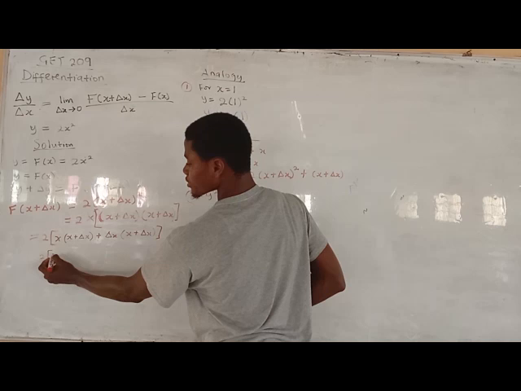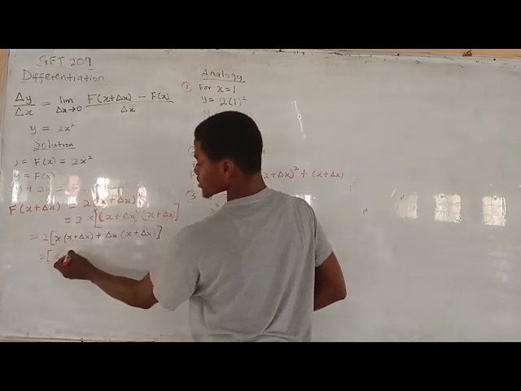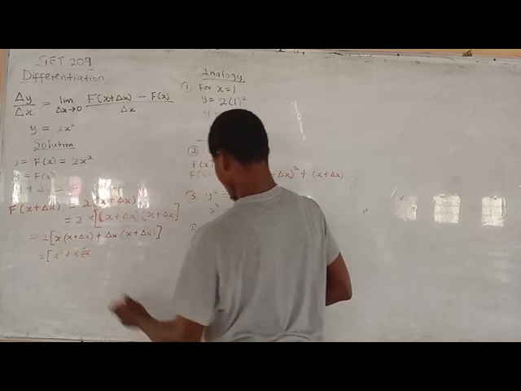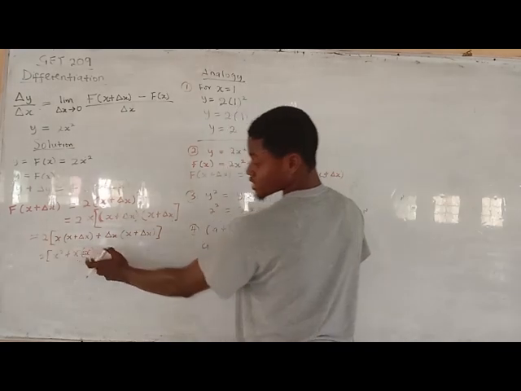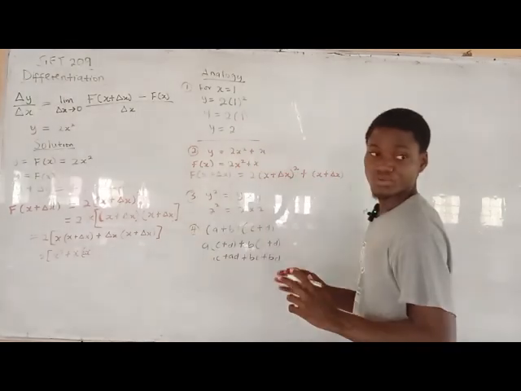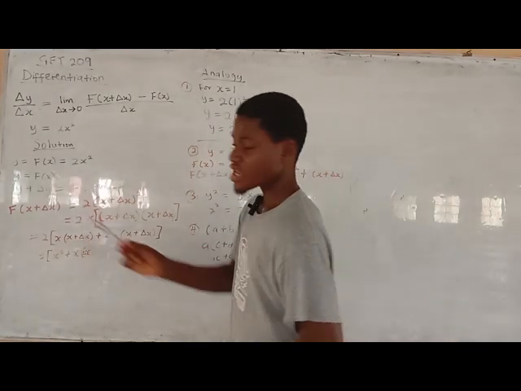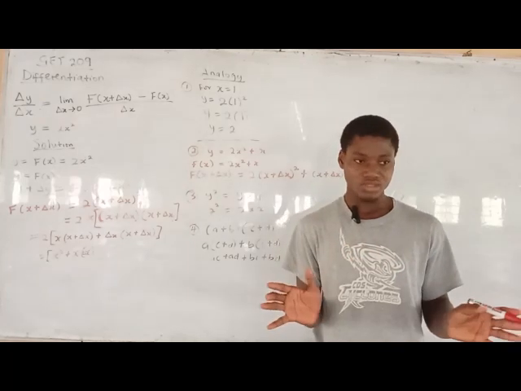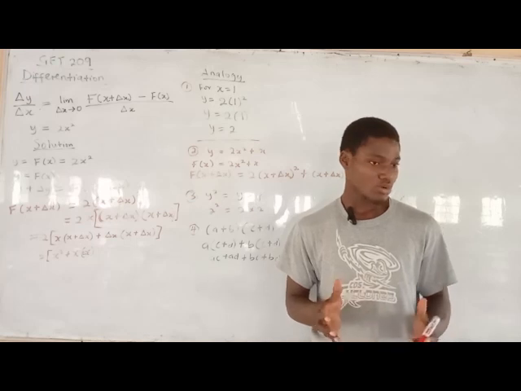x times x is what? Square. x times change in x is what? x times change in x, just like A times C is AC. This one is x change in x. I'm putting this change in x inside the bracket to avoid confusion. But x change in x is one term. It's a single term on its own. It's not separate. It's just like saying salt. Our salt is sodium chloride.